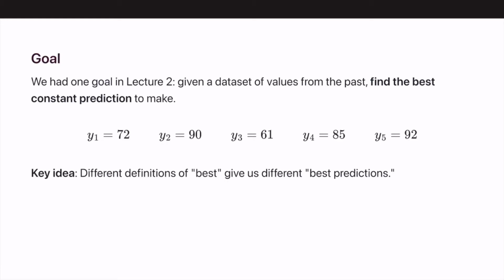We found that both the mean and the median under different conditions can be the best h star that we get when looking again at the constant model for this specific data set. So for best, we had mean and median, and we'll explore those some more today.